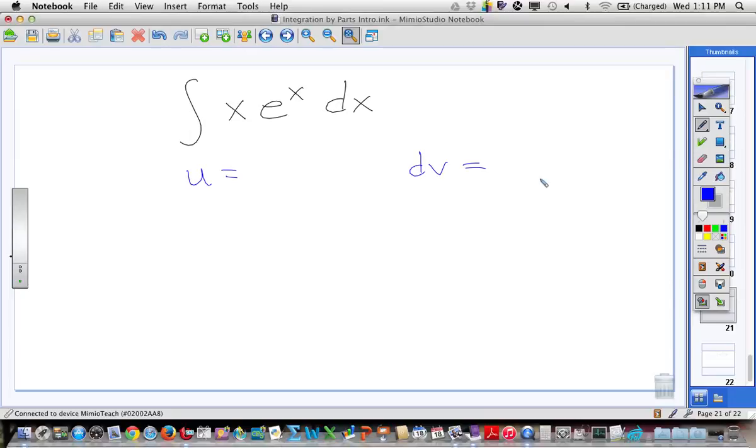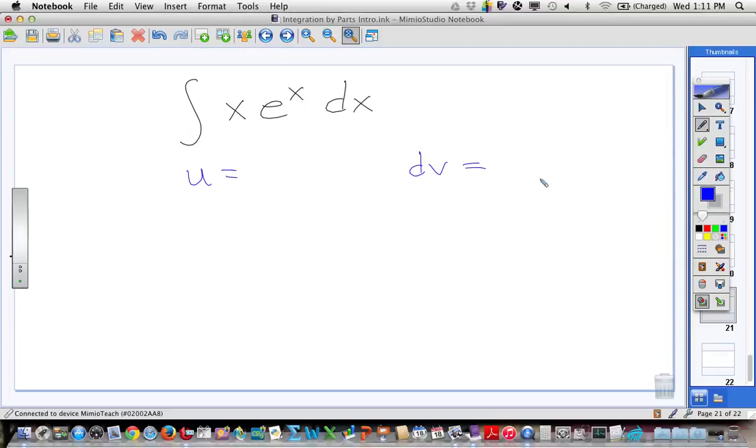So the stuff you pick for the u is the stuff you can easily do the derivative of, but you can't easily do the antiderivative. Now, conversely, the last thing you'd want to pick for the u would be the stuff that you can easily do the antiderivative on, right? The stuff you can do an easy antiderivative of ought to be the stuff you pick for the dv.